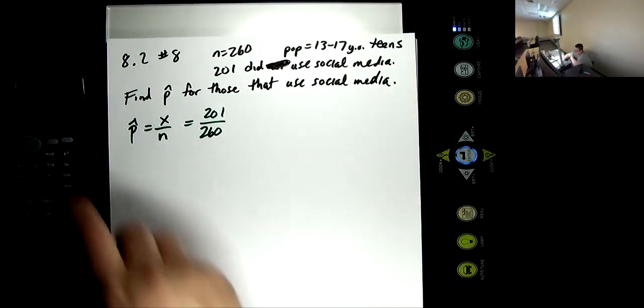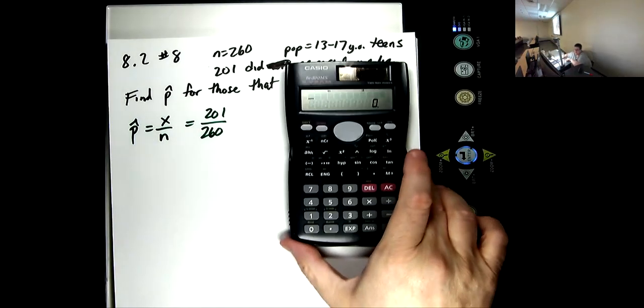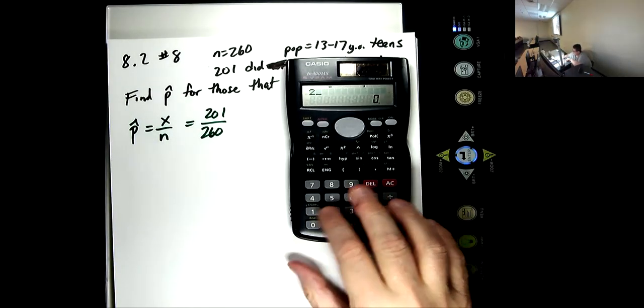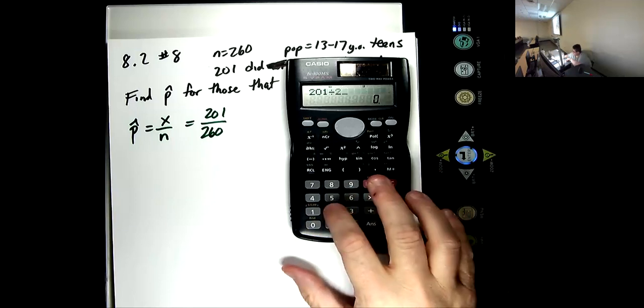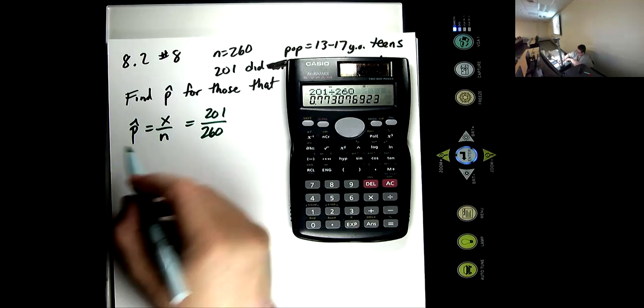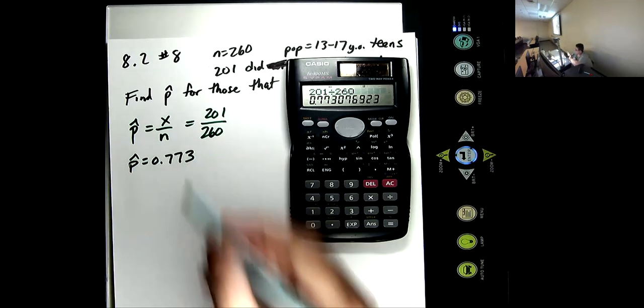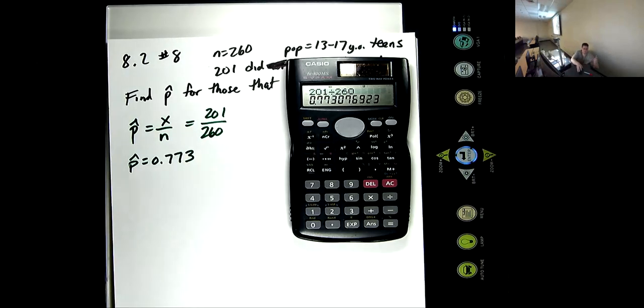It says it wants 3 decimal places. 0.773. That's all there was on that question.